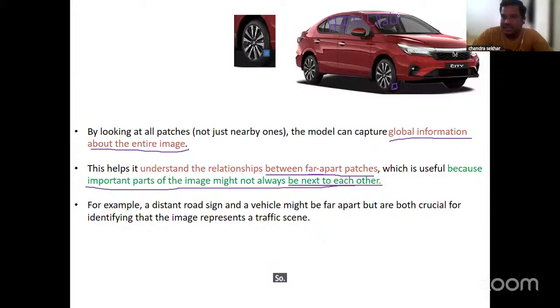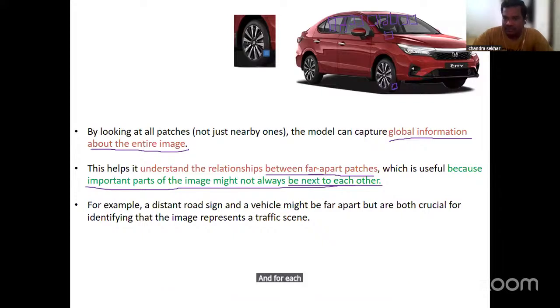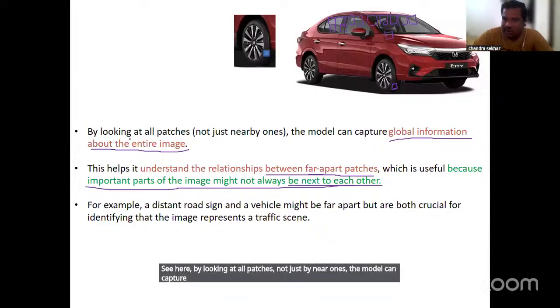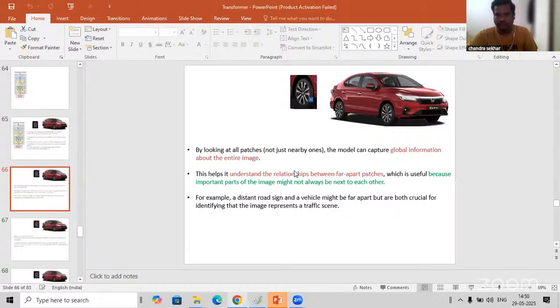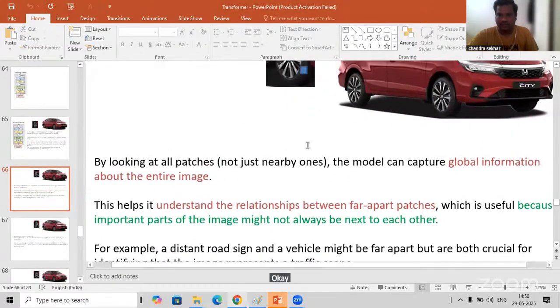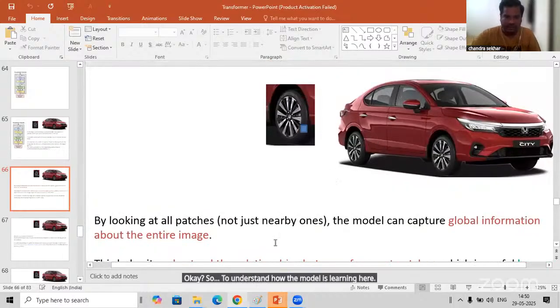So how will the vision transformer work? We are breaking the image into multiple patches, and for each patch, we will look into all other patches of the image. By looking at all patches, not just the near ones, the model can capture global information about that particular patch. So you understand how the model is learning here.